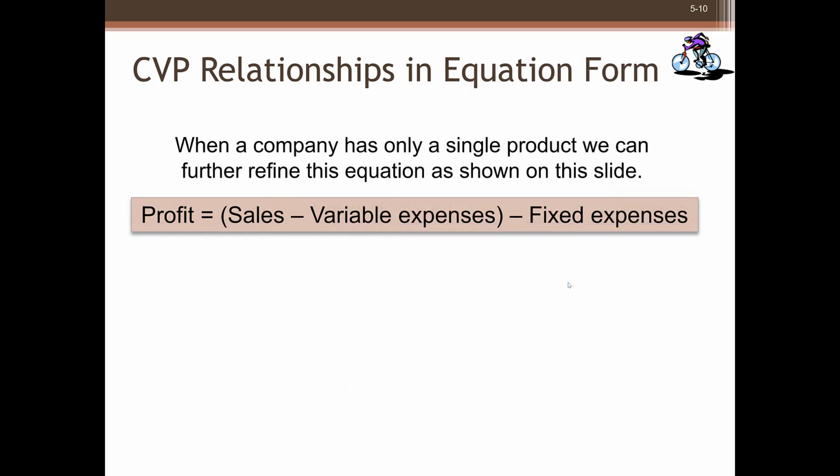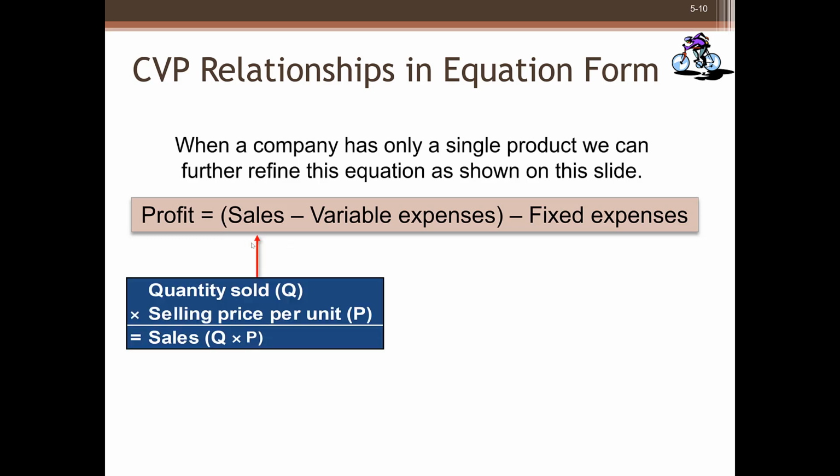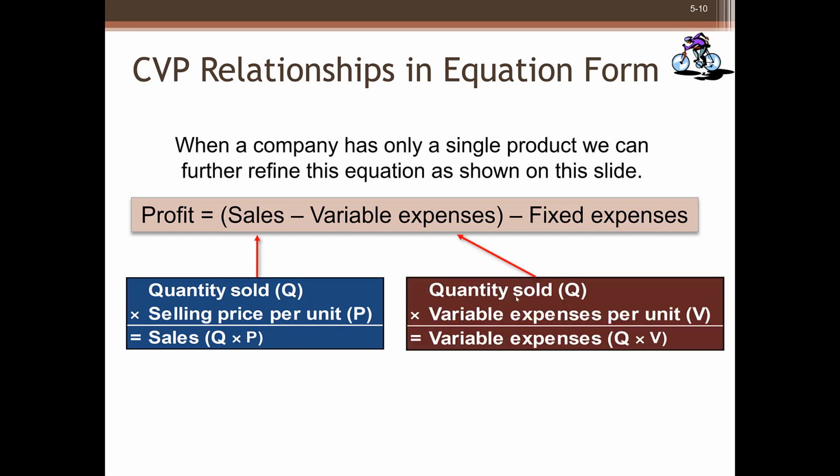If a company has only one single product, we can refine the equation on a per unit basis. If we rewrite total sales as quantity sold, we use Q to indicate the quantity sold, the units sold, multiplied by the selling price per unit, indicated by P. Total sales is Q multiplied by P. For variable expenses, same.